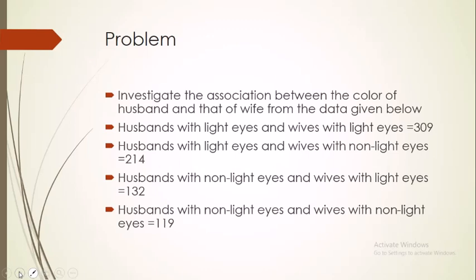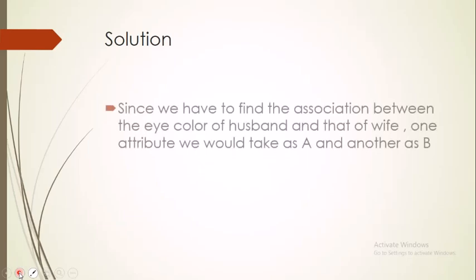Husbands with non-light eyes and wives with non-light eyes is 119. So this is the data that is given to you, and you are asked to investigate the association between the eye color of the husband and that of the wife. So let's move on to the solution.